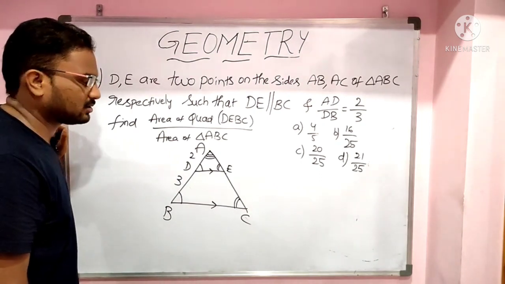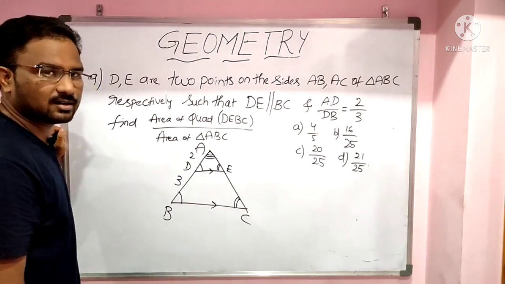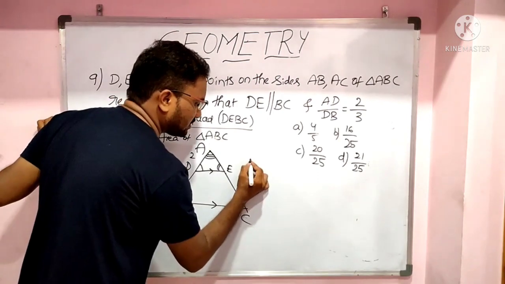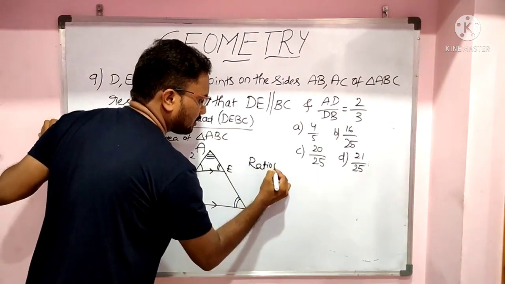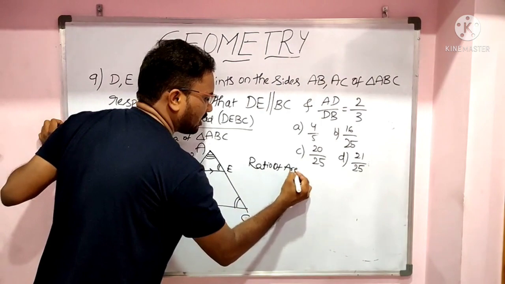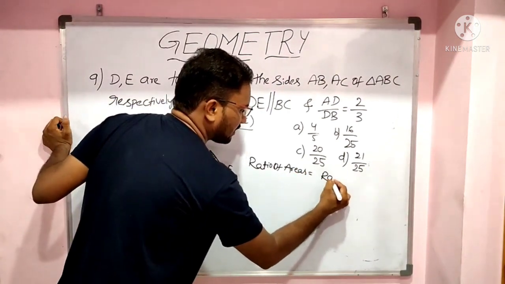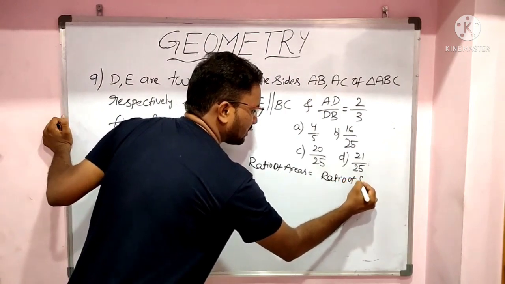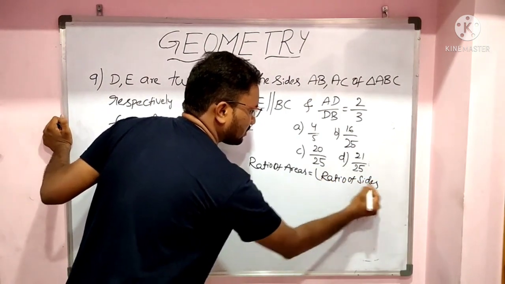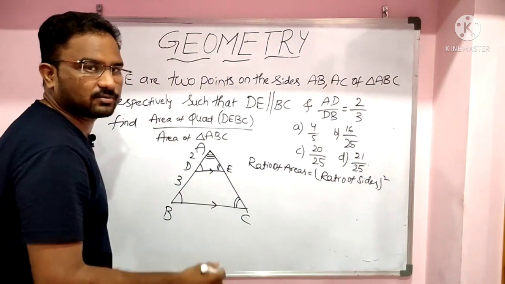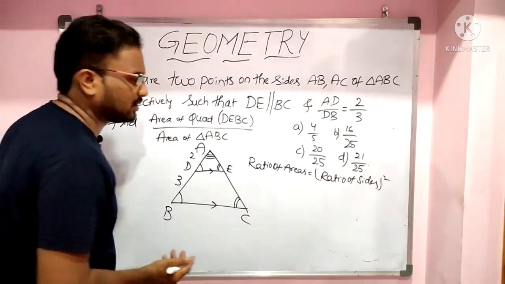Similar triangles. If two triangles are similar, then the ratio of areas equals the ratio of sides whole square. I already told you, ratio of sides, or ratio of medians, or ratio of perpendicular bisectors, or ratio of angular bisectors, whole square.